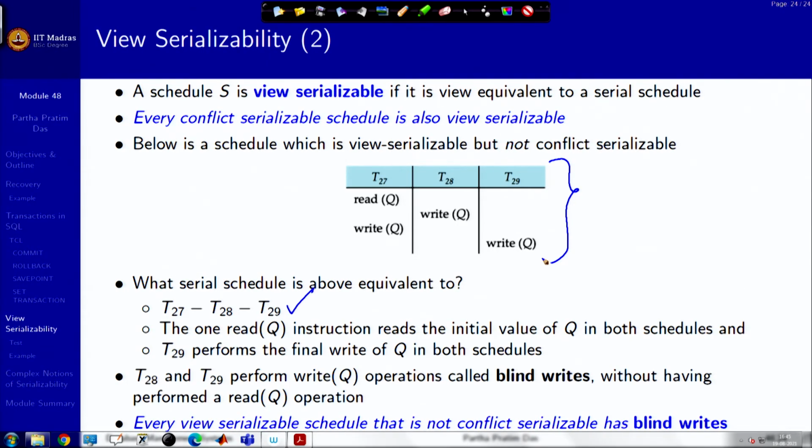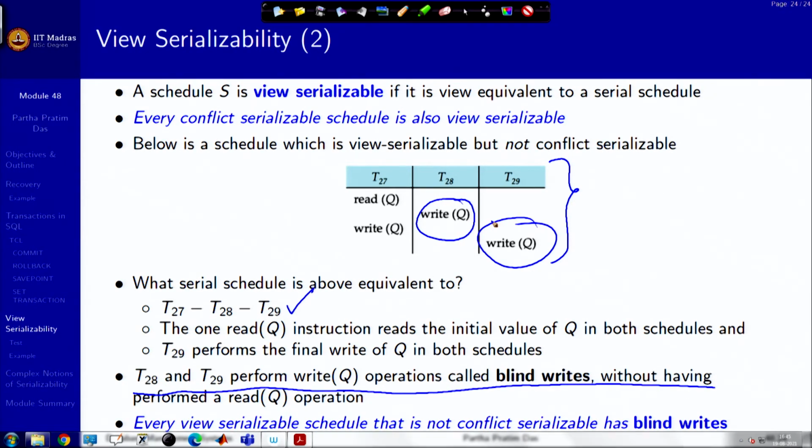This happens because T28 and T29 are doing a blind write. They are just writing Q without having read Q. So, this is called a blind write.